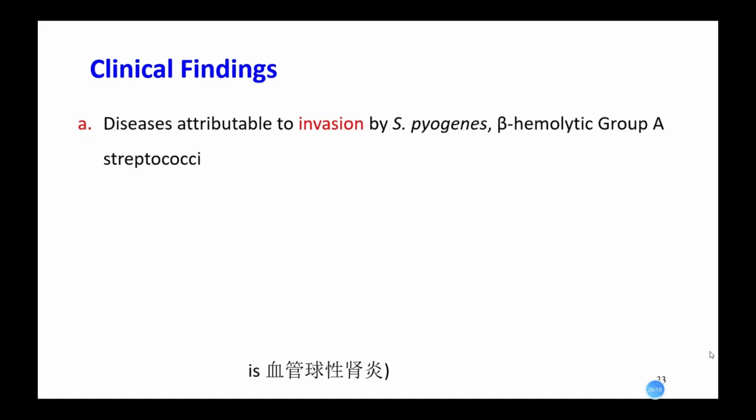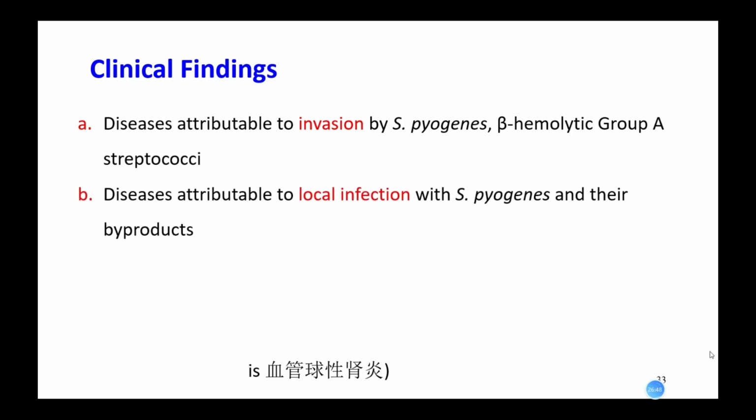Clinical findings. The disease due to the streptococcal infection. There are 4 different types of disease due to different mechanisms. The first type is due to the invasion by the bacteria and also their products. So the group A bacteria invasion and also their products.